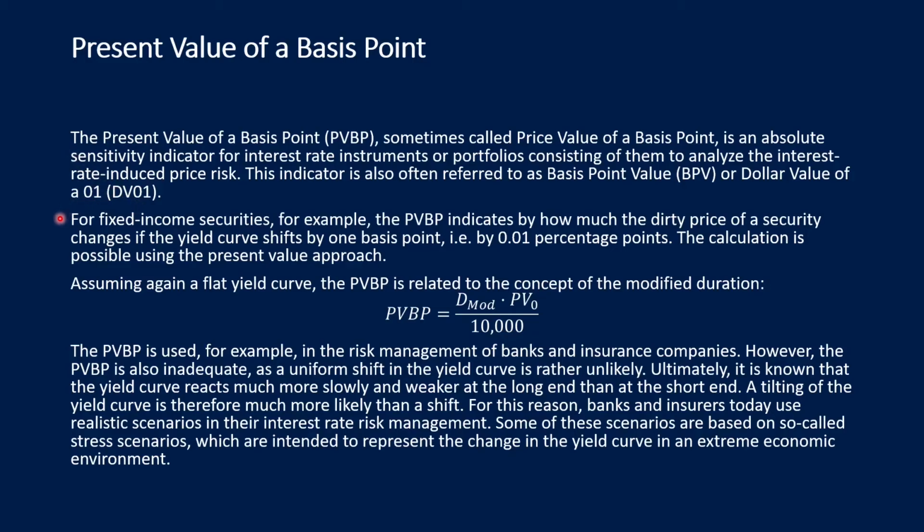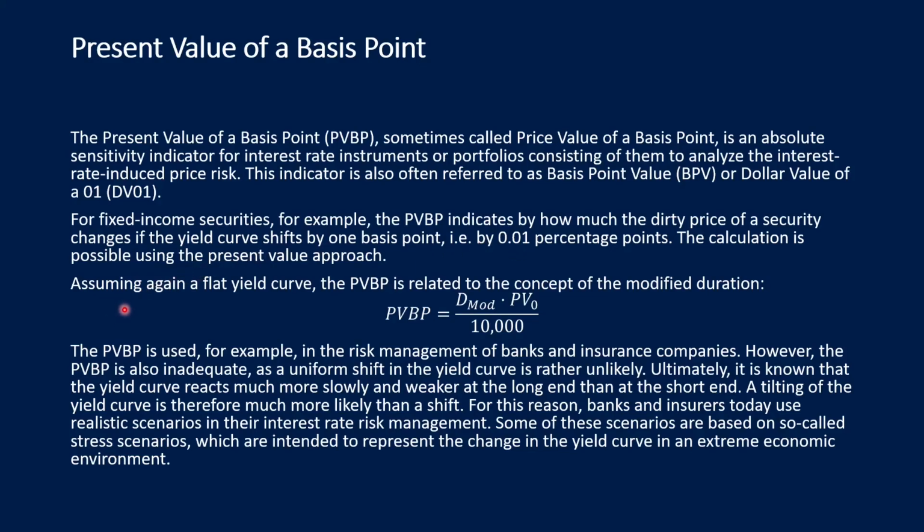For fixed income securities, for example, the PVBP indicates how much the dirty price of a security changes if the yield curve shifts by 1 basis point, i.e. by 0.01 percentage points. The calculation is possible using the present value approach.